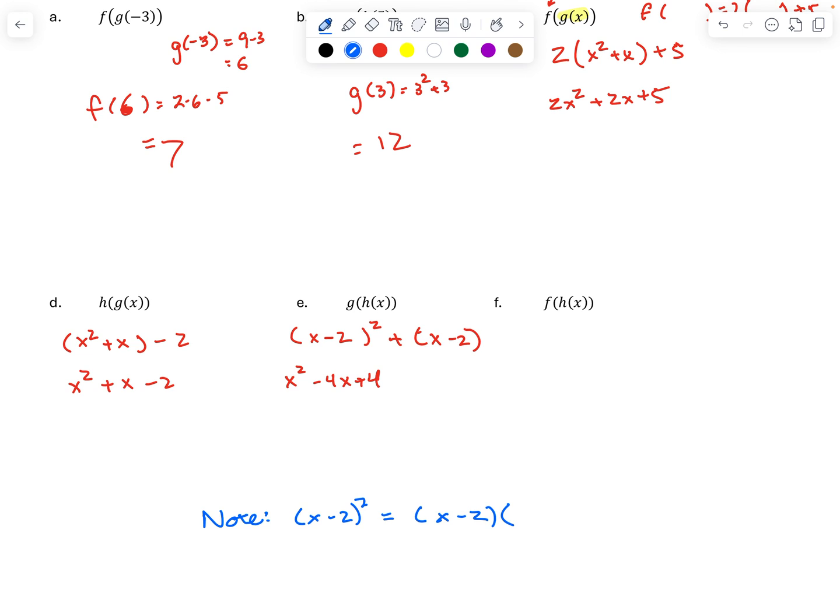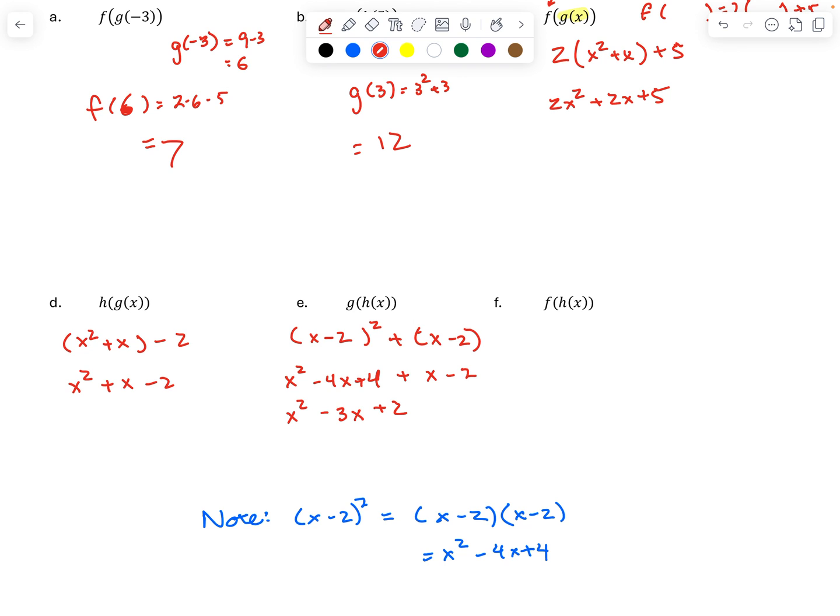Don't forget to multiply properly. Oops. Okay. And don't forget the other part after you've foiled. So combining like terms.